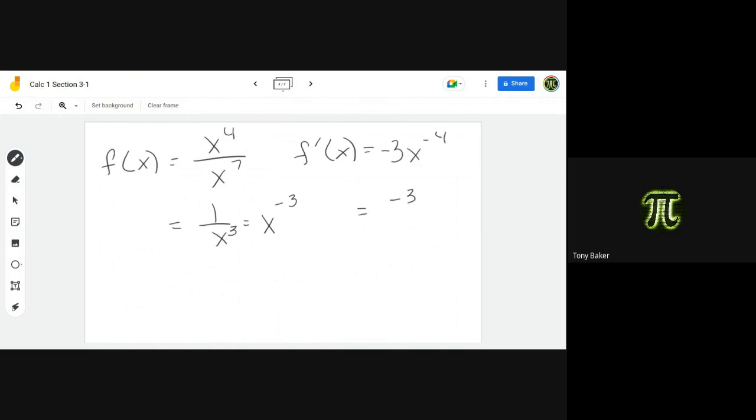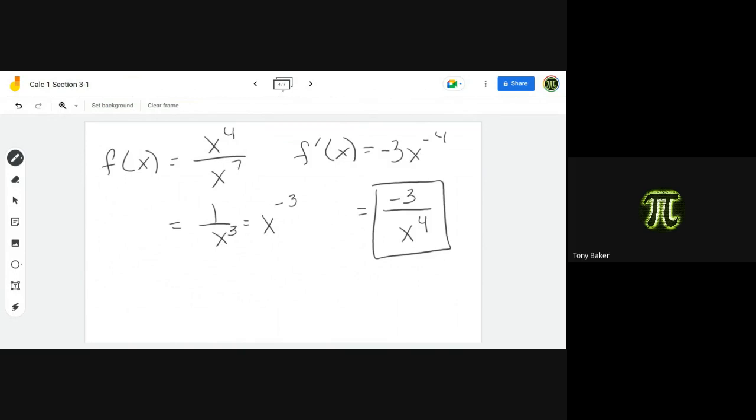Or -3 over x to the 4th. You typically don't want to have negative exponents in your answer at the end. You can use them in the middle of the problem to actually do the problem out, but you don't want them at the end. So this would be the final answer.